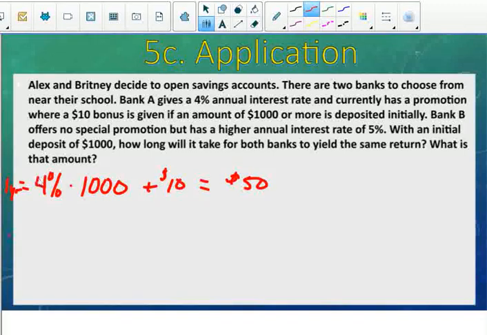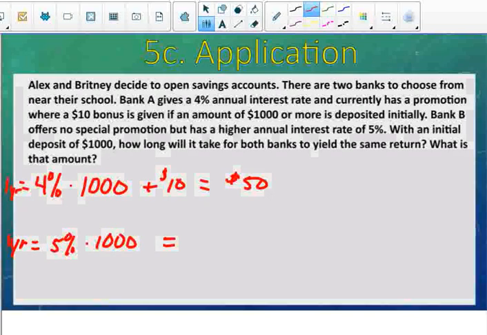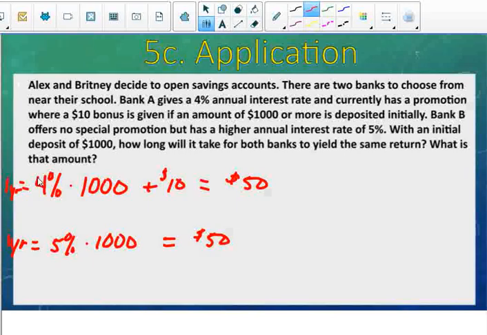Now bank B, for 1 year, you get a 5% interest, and they initially put in $1,000 in there. So 5% of 1,000 would be $50. So they're both at $50 after 1 year.